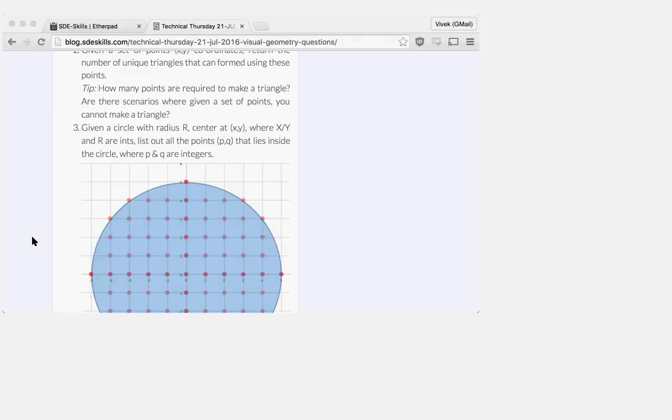Now you have determined collinearity, so you have collinear set 1, collinear set 2, collinear set 3, and so on. Say collinear set 1 has 5 points. If you take 5C3, that will be the ways in which you can select 3 elements out of set 1. And none of those 5 C3s can make a triangle.